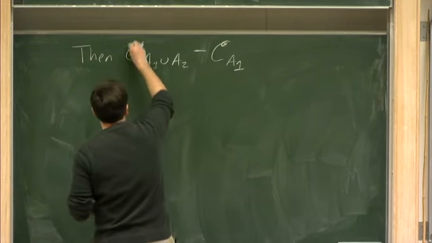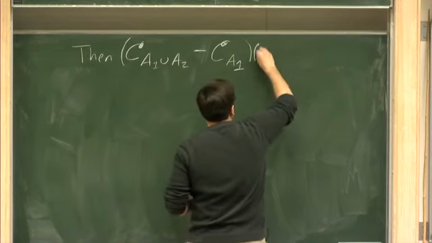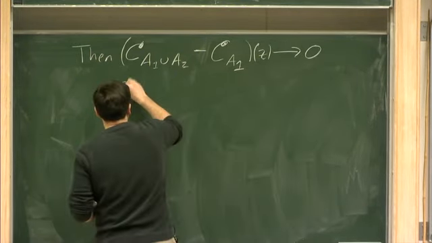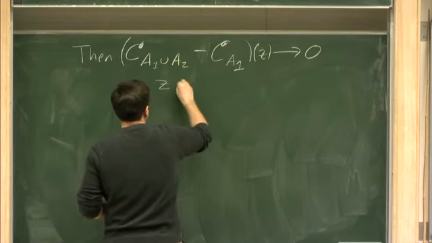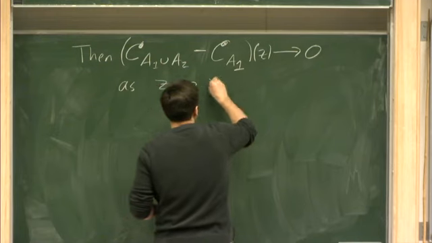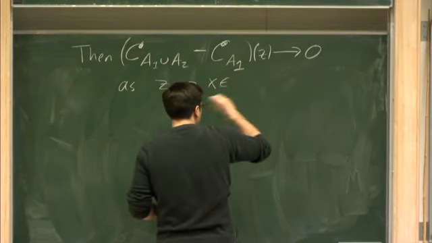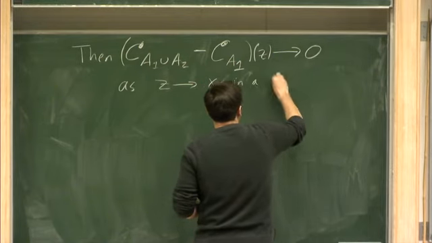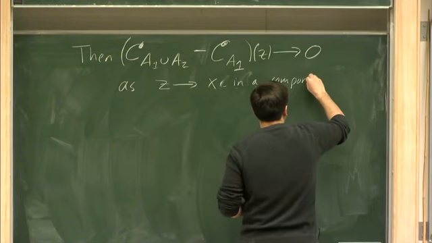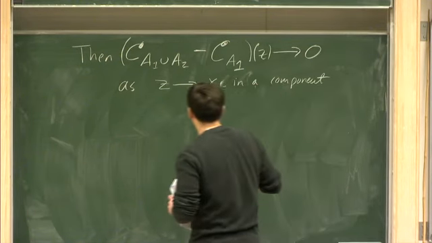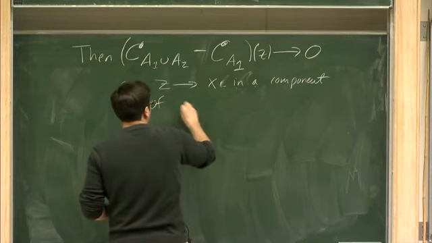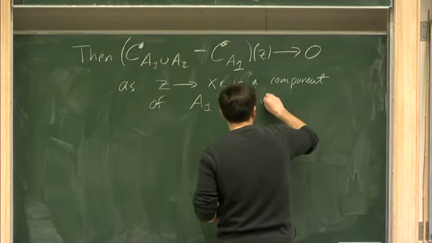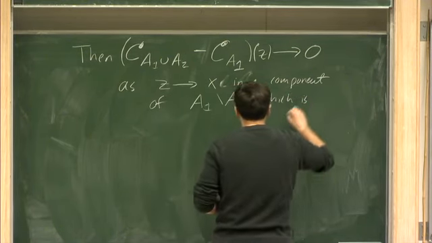By this I mean that if you take their difference, then this is going to go to 0 as z tends to any point x which is in a component of A1 minus A2 which is larger than a singleton.